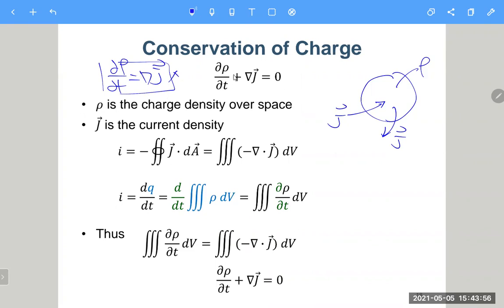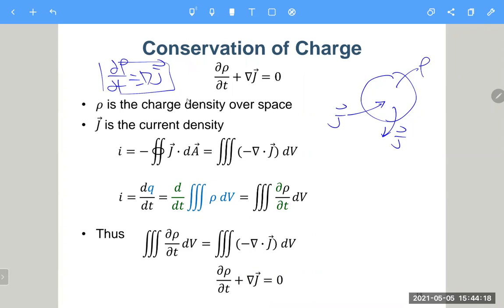So we should have a minus sign here to make everything correct. If you move this term to the left-hand side, you have partial rho partial t plus divergence of J equals 0. This is called the conservation of charge.